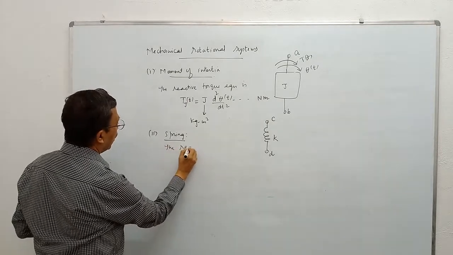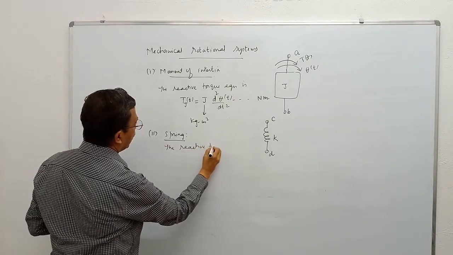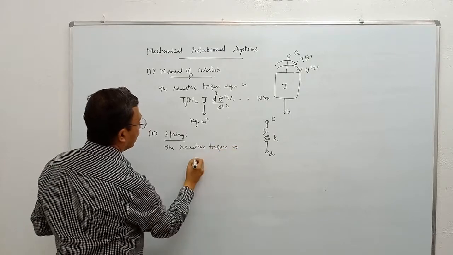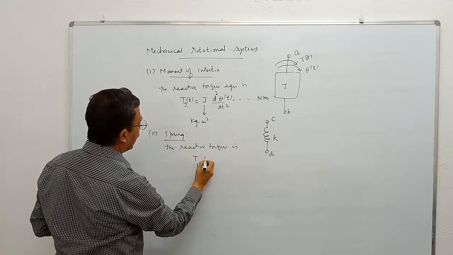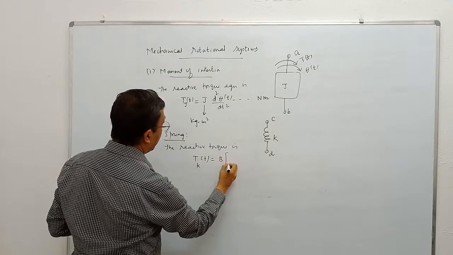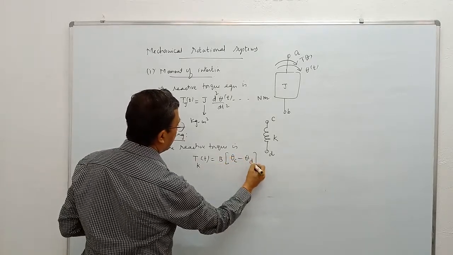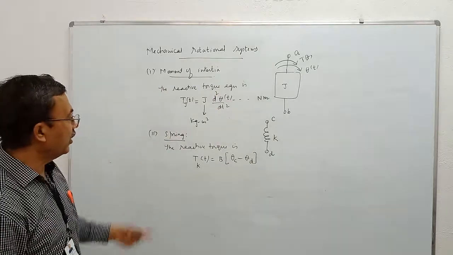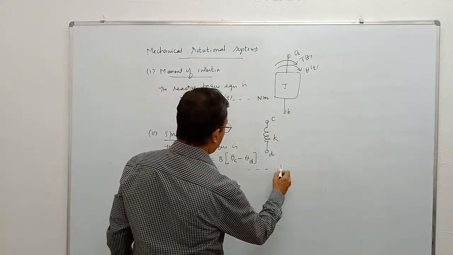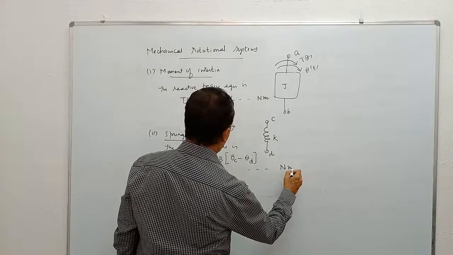The reactive torque is Tk of t is equal to K into theta C minus theta D. The role of x is taken over by theta. Unit of torque is Newton meters.